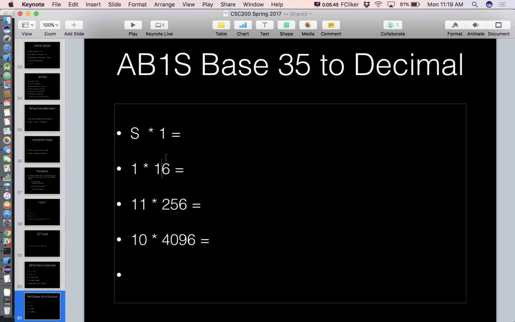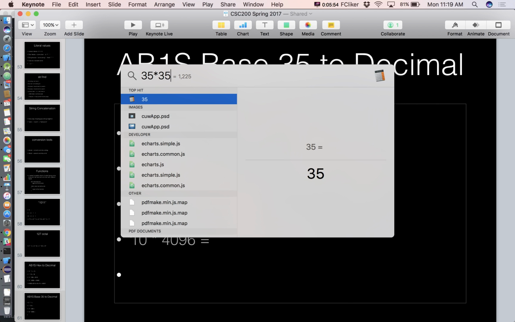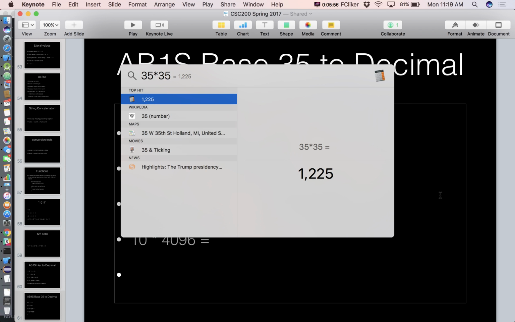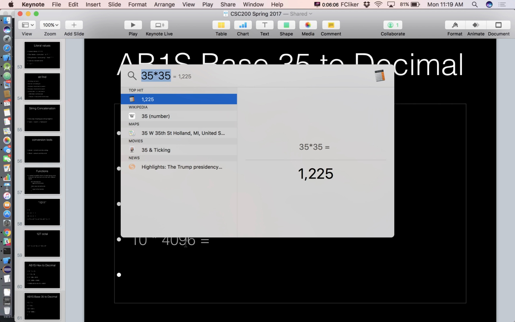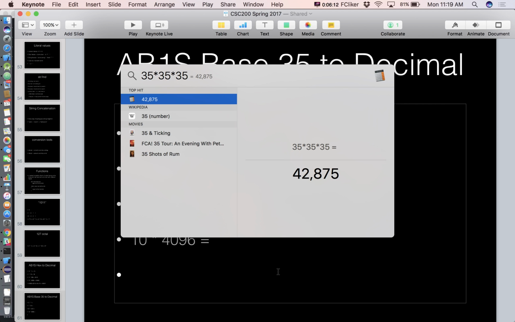Then it's 1 times 35, because that's the 35 to the ones place. 35 times 35 is 1225. So this is B times the 1225's place, times 35 is the 42875's place.